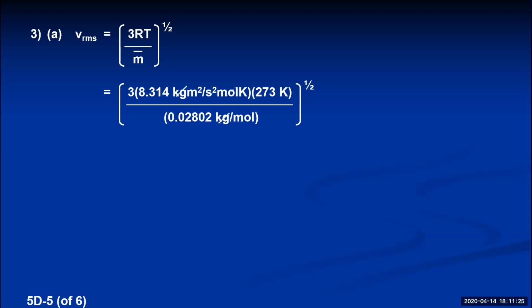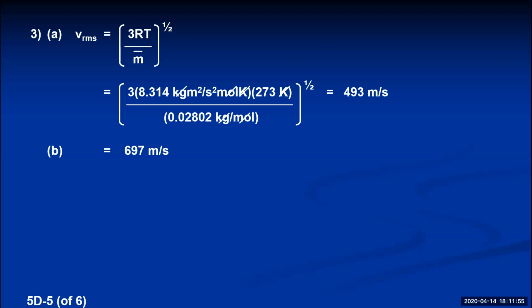Now the kilograms cancel out, the moles cancel out, the Kelvin cancel out. So our units are meters squared per second squared, but once I take the square root of the entire parentheses, then the units get square rooted as well, and it'll come out meters per second, and I get 493 meters per second. In part B, you do the exact same calculation, just the temperature is now 546, and if you did that correctly, you would have gotten 697 meters per second.